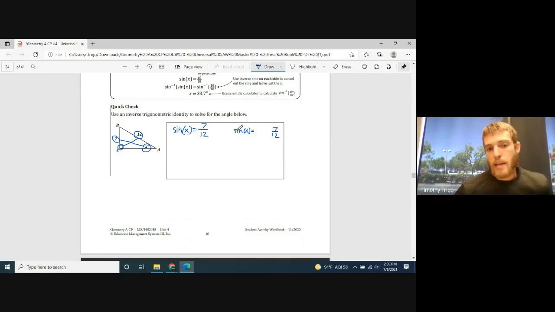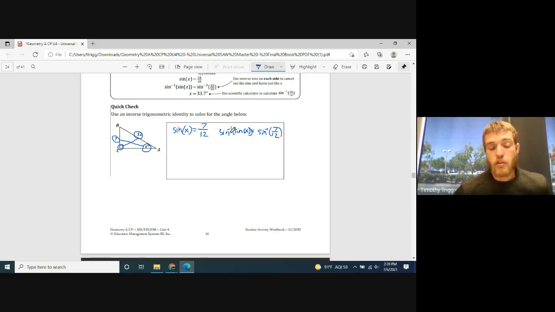Well, the way that we cancel out a sine and get x by itself is we use sine inverse. We write it like this, sine to the power of -1. That means sine inverse. So we're doing sine inverse of sine of x. Now, of course, if we do sine inverse on the left side, you always do the same thing on the other side of the equation. So sine inverse on the right side as well.